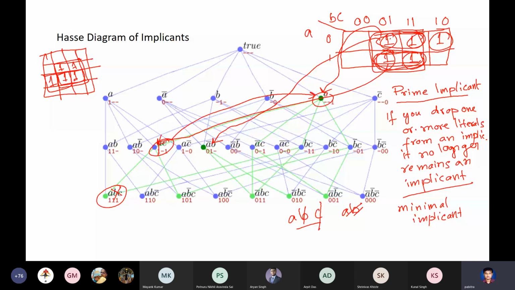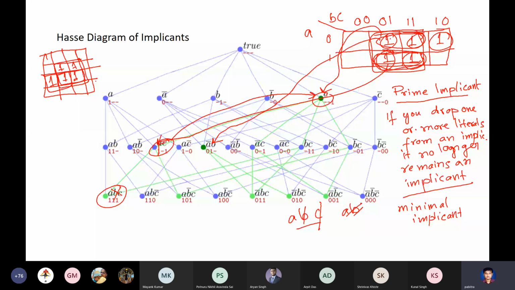And so you see the final expression that we have, if you remember the process of Carnot mapping, is nothing but a union, a summation of the prime implicants which cover all the true min terms. If you take their summation, you get the final expression.